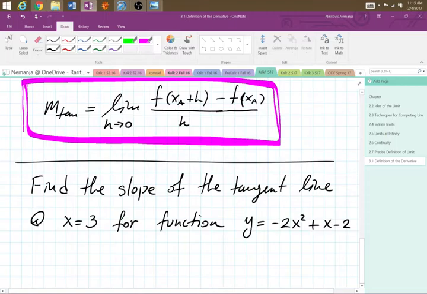Doesn't matter. You have the formula up there. All you need to do is plug everything in and compute the limit using 2.3.